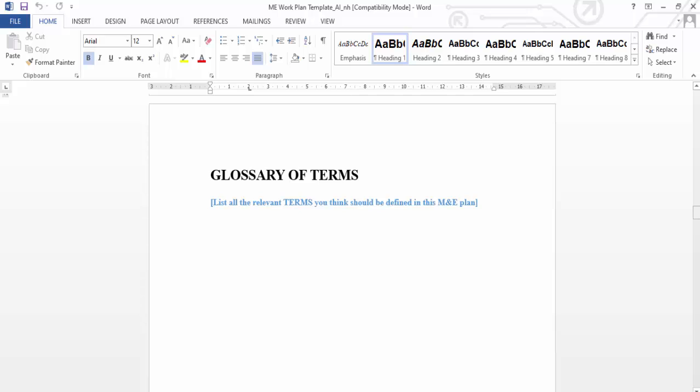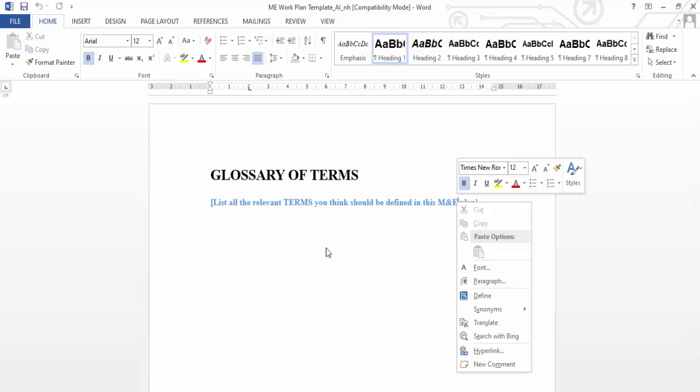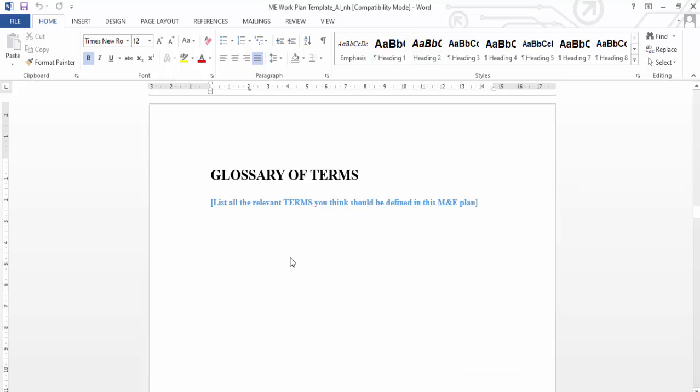Glossary of terms. Now the glossary of terms is different from the acronyms. Here, what you're simply trying to do is explain key terms. So for instance, we get back to the M&E. What does monitoring and evaluation mean? You simply need to explain what monitoring and evaluation really means.